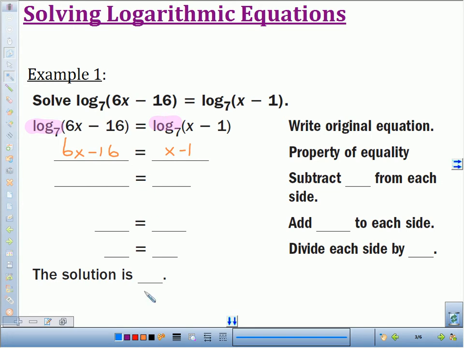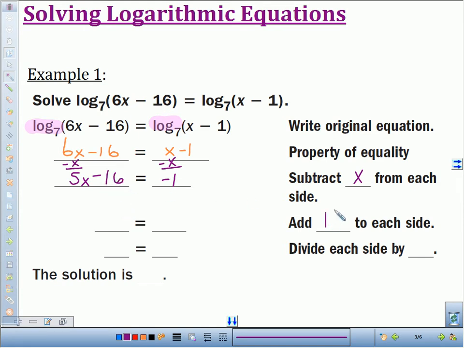We can start by subtracting x from each side so that we can get all of the x's together, leaving us with negative 1 on one side and 5x minus 16 on the other.